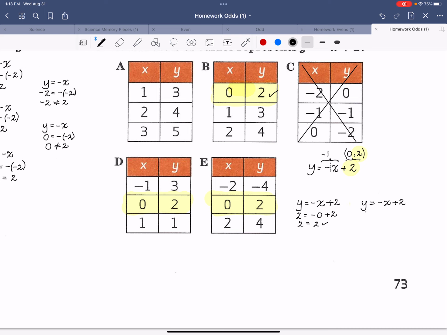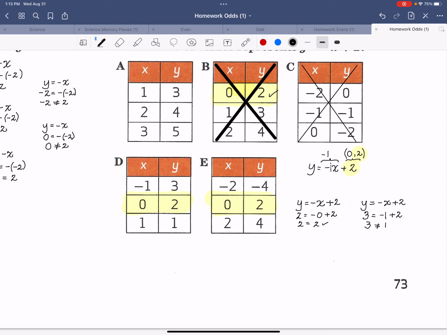We're substituting a 3 for the y and a negative 1 plus 2. That is not true. So B is not the answer. We can eliminate option B. We've tested it. It did not work.